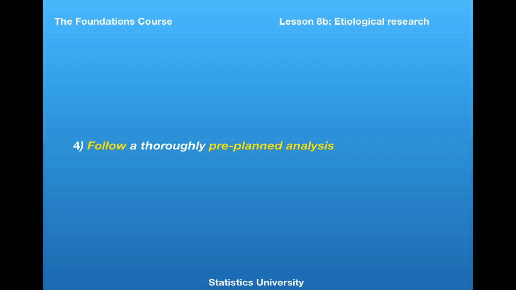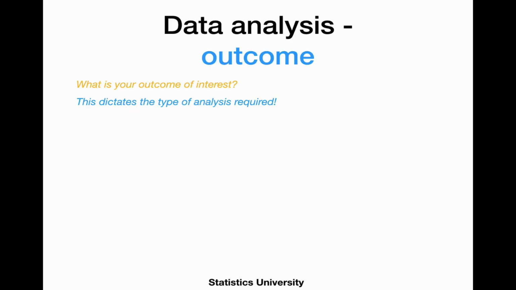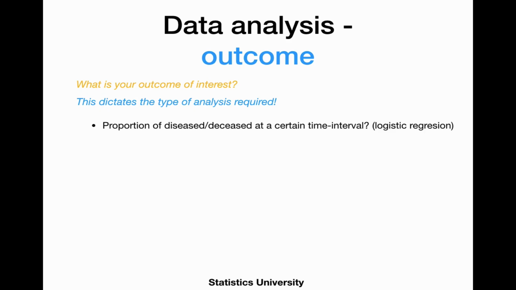Now, the fourth point of the GCR approach is to follow a thoroughly pre-planned analysis. And the first part to focus on is the outcome. The outcome of interest dictates the type of analysis that is required. So if we want to look at the proportion of diseased or deceased patients at a certain time interval, then logistic regression would make sense.